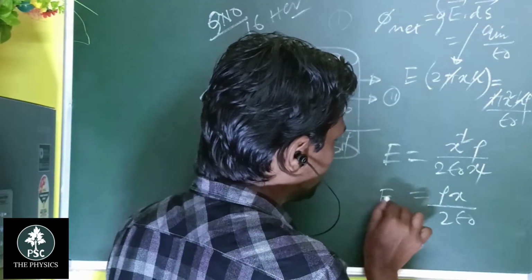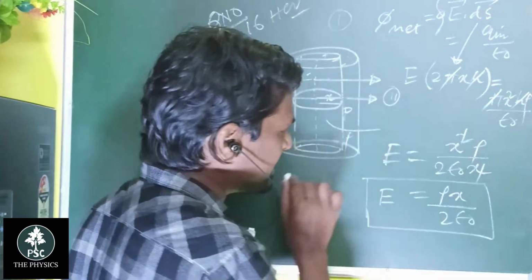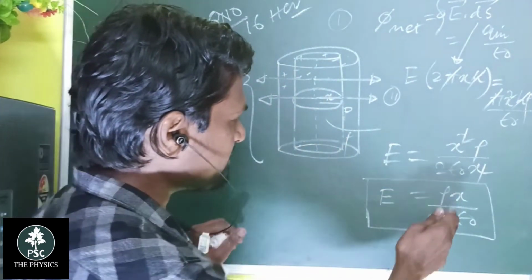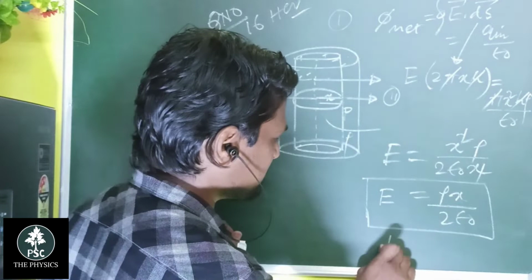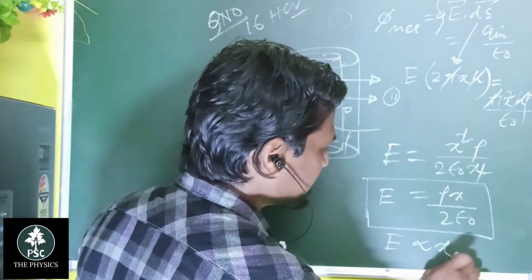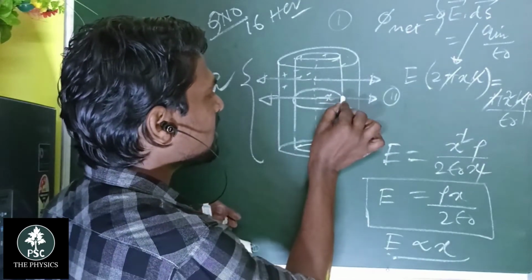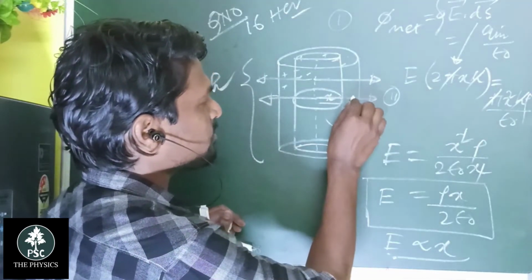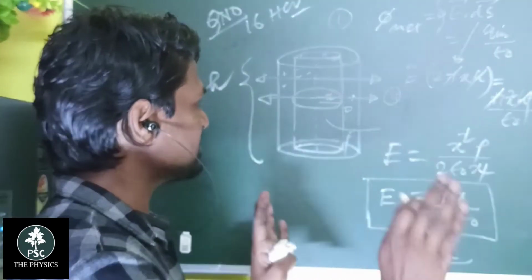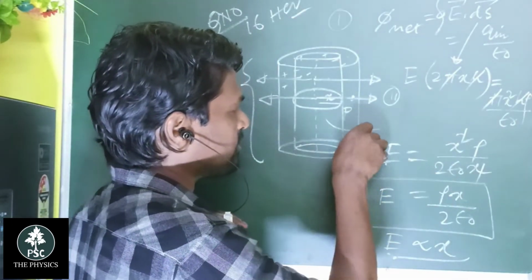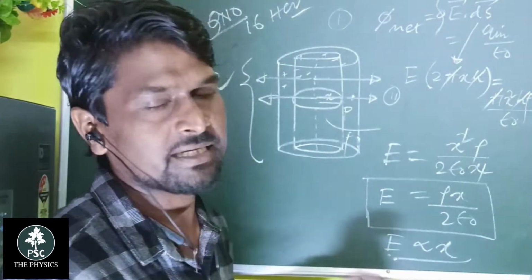So the electric field is linearly dependent; the electric field is directly proportional to x. So if we calculate the electric field at that particular point, the electric field increases up to that particular volume, and then the electric field decreases.